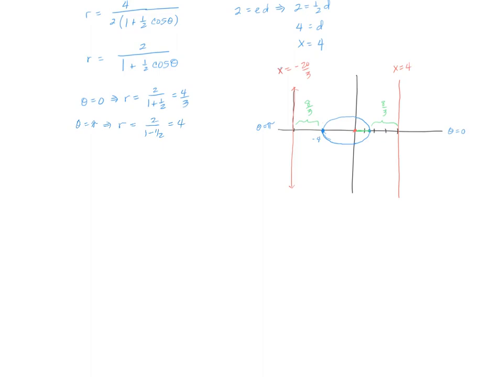Okay, so recall that this distance here from the foci of 0, 0 to my ellipse, that distance was 4/3. So if I go a distance of 4/3 in from the point negative 4, I will have my other foci.